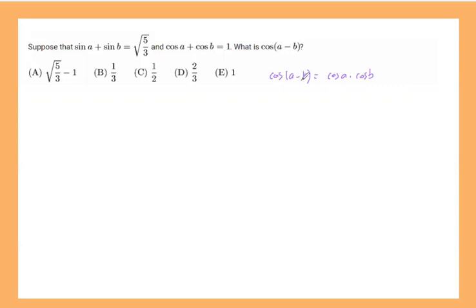And whenever you have a minus, you actually have a plus after that product, and sine A times sine B. This is one of the identities you should keep in mind, especially how to derive it in the first place. If you don't know it, I highly recommend you check that out. So that is one of the identities.